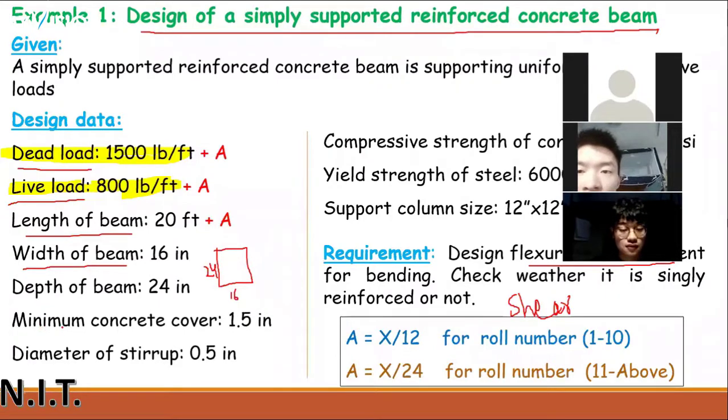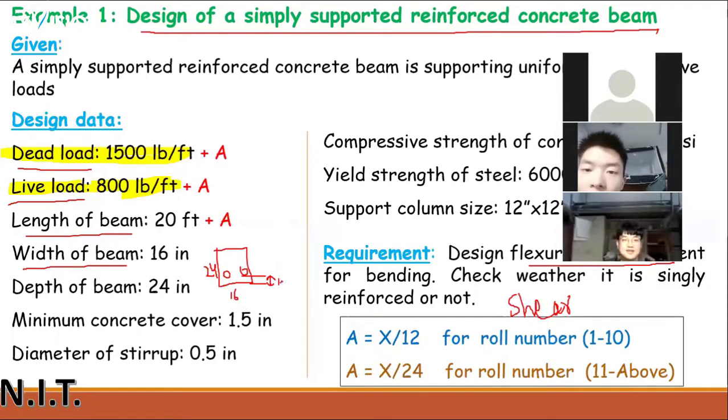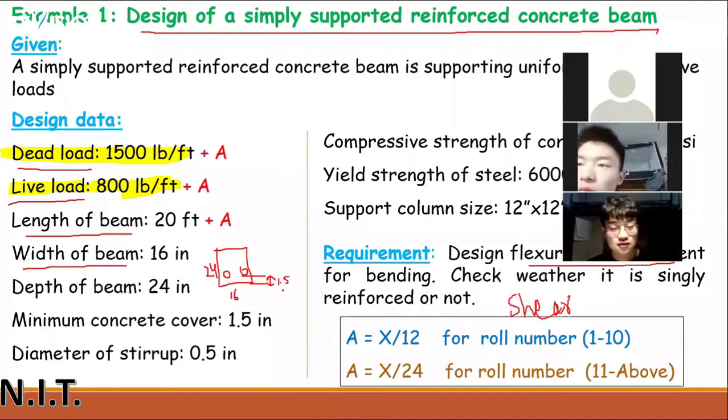Minimum concrete cover is, for example, from the steel to the outer edge of the concrete, equal to 1.5 inches.